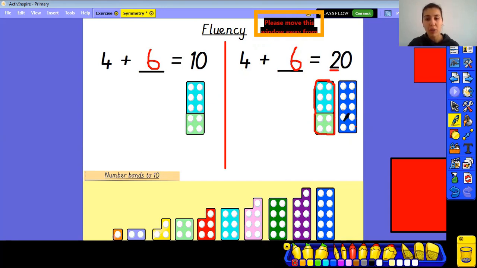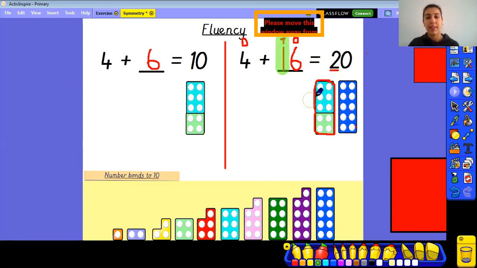So I've got a whole other 10 here that I need to add to make 20. And I write that here, my 1 ten, so that I can show that I've got 1 ten and 6 ones that I need to add. So what you can see here is 4 plus 6 equals 10, but 4 plus 16 equals 20. And that's because I've got this whole extra 10 here.